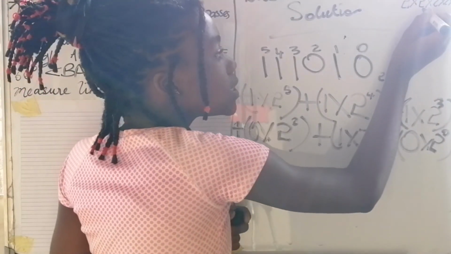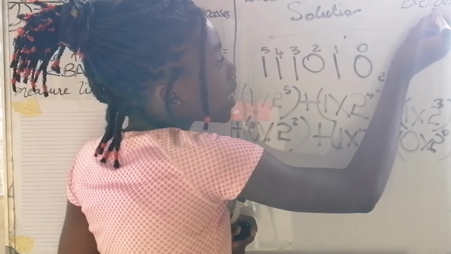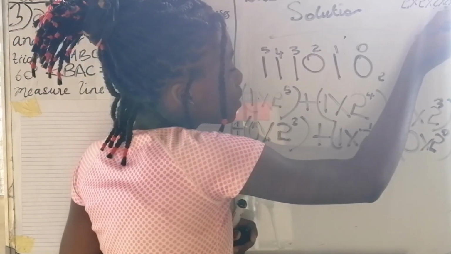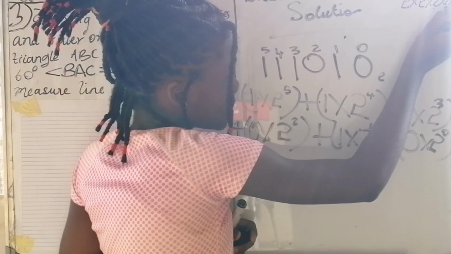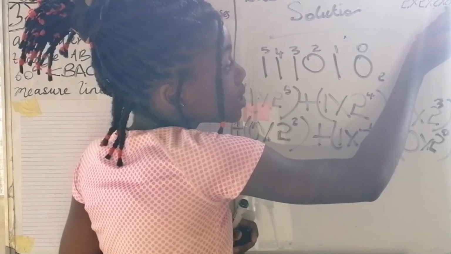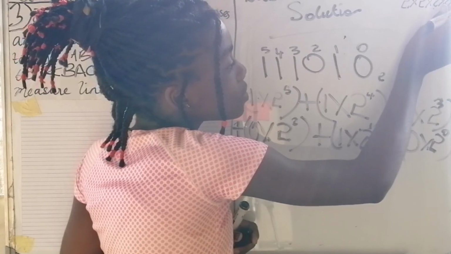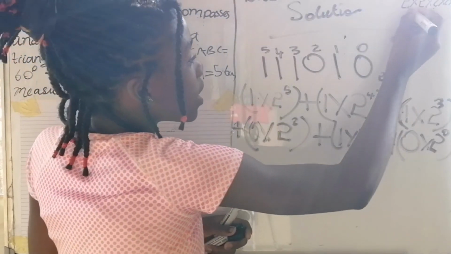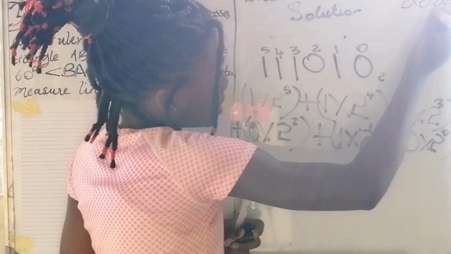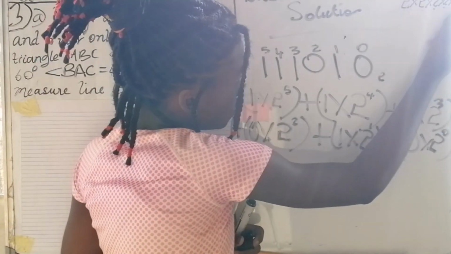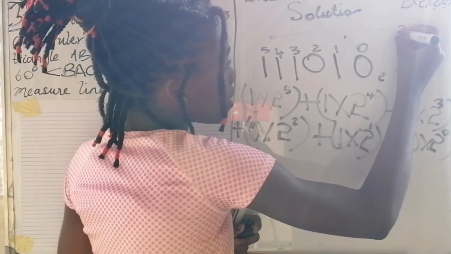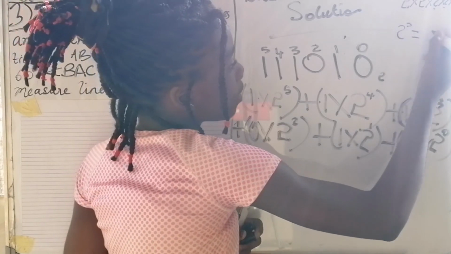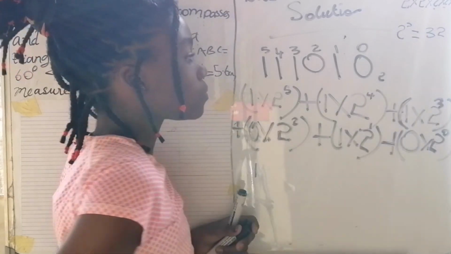So 2 times 2 is 4. 4 times 2 is 8. 8 times 2 is 16. And 16 times 2 is 32. Just to be sure again: 2 times 2 is 4, 4 times 2 is 8, 8 times 2 is 16, 16 times 2 is 32. So 2 raised to the power of 5 is 32.